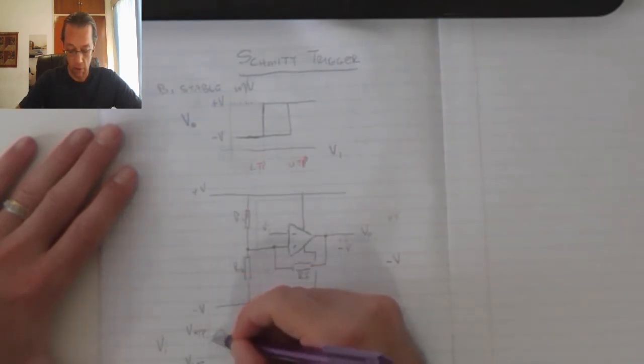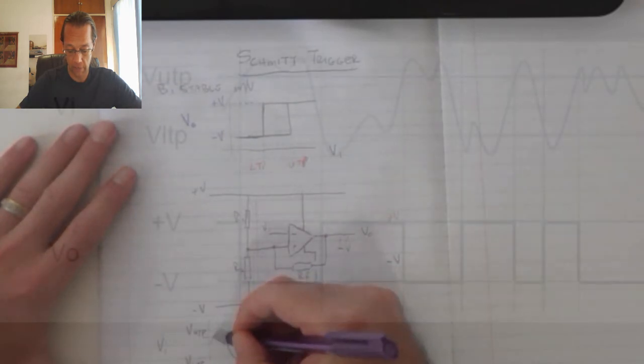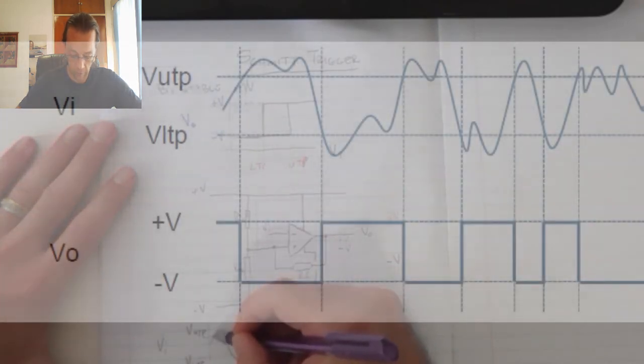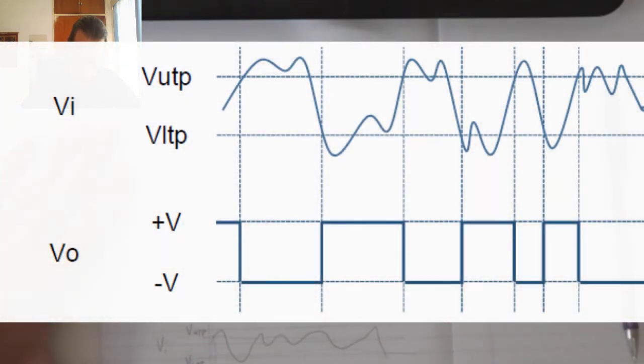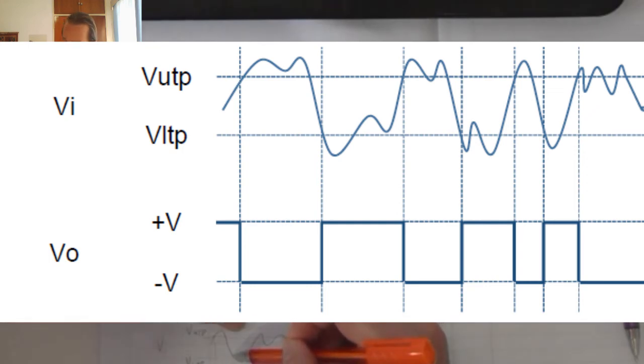Now at this point, the moment my input switches above that level, it is going to force my output to switch to the low state or negative saturation, and it's going to stay there until it reaches that point there where it meets the lower trigger value.